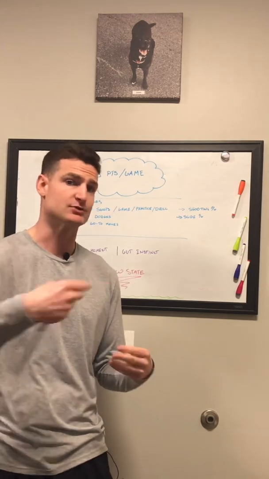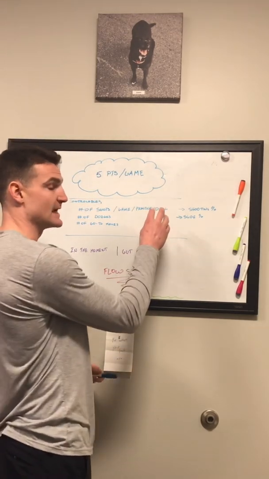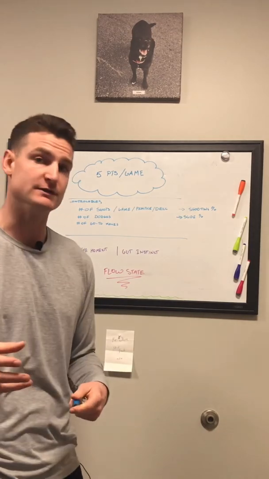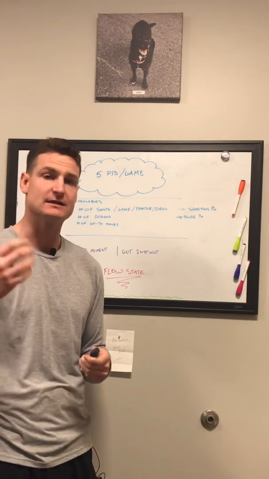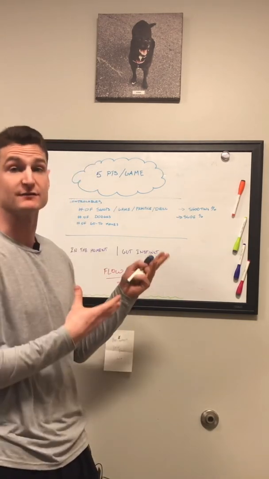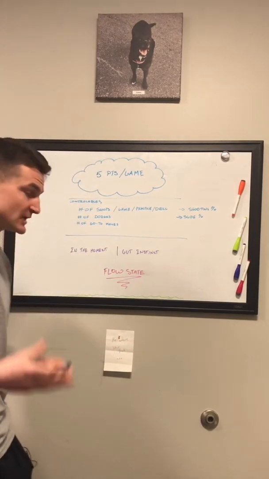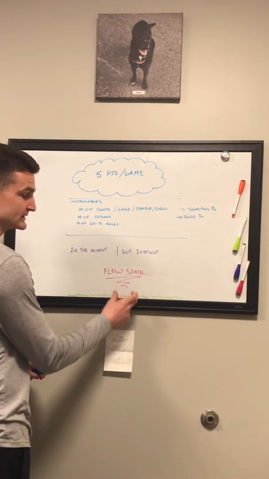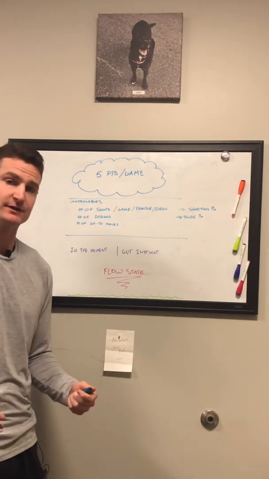I'm not going to stop trying though. We have control over how many attempts we take, how many opportunities we seize, not the result. So when we let go of that need to get the result and focus on what we actually need to do, to give ourselves the best chance, that's one strategy to give yourself a better chance to enter this flow state that we're after here as athletes.